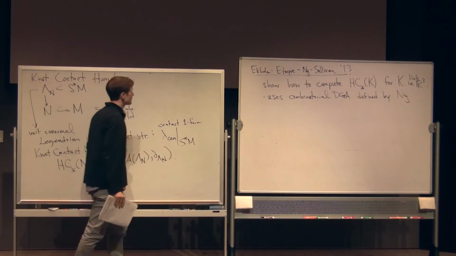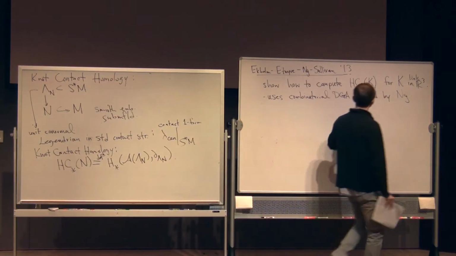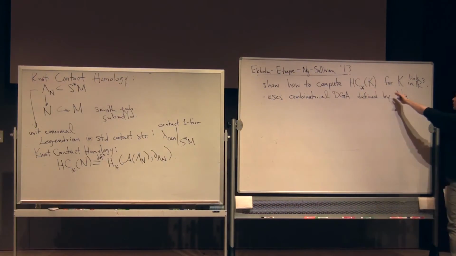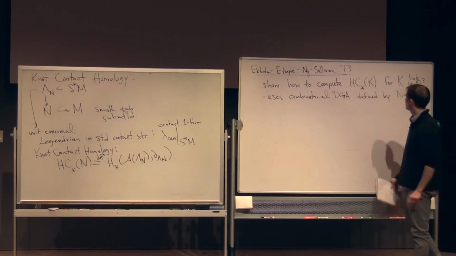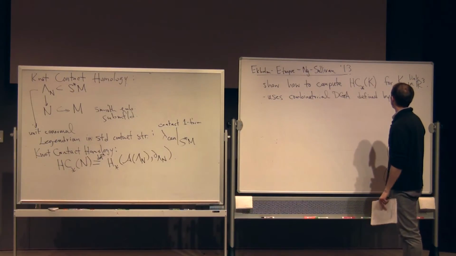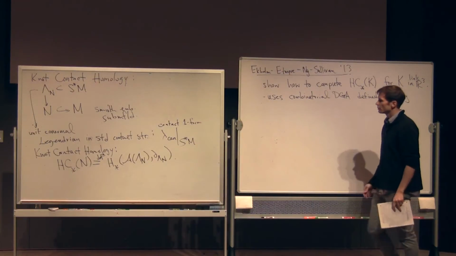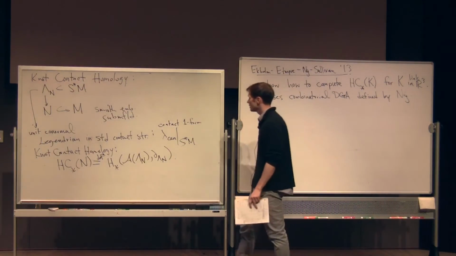So let me just point out that it really is well defined in this setting. The unit cotangent bundle over R3 is contactomorphic to the one-jet space of the two-sphere. And our conormal tori have vanishing Maslov class.